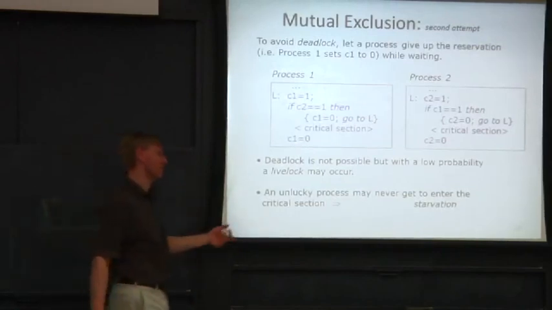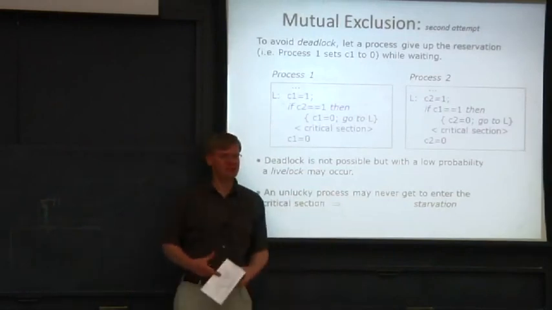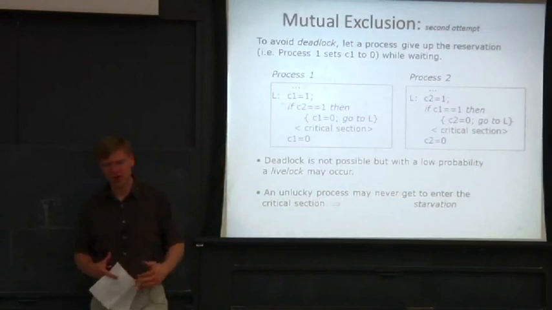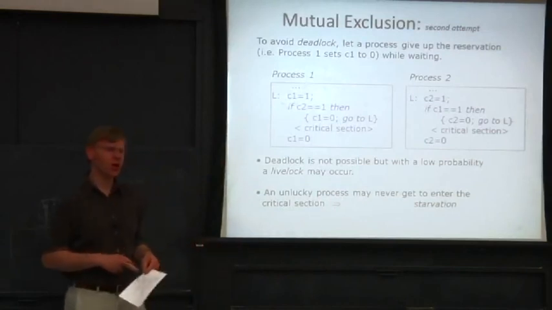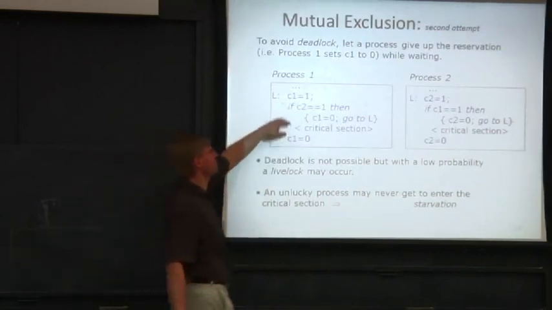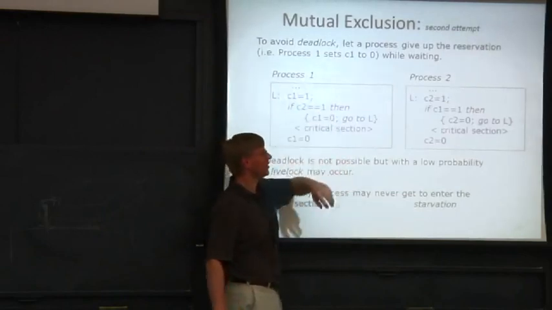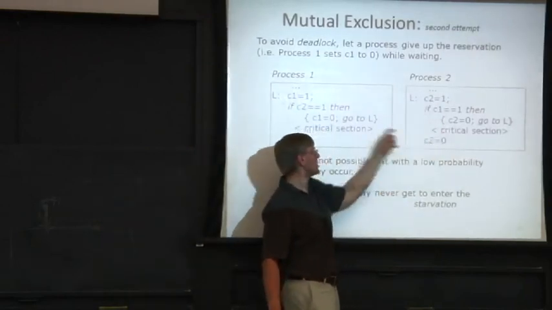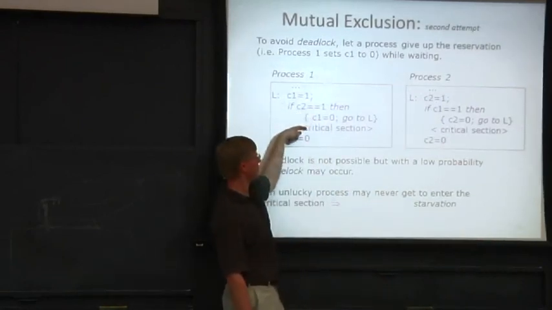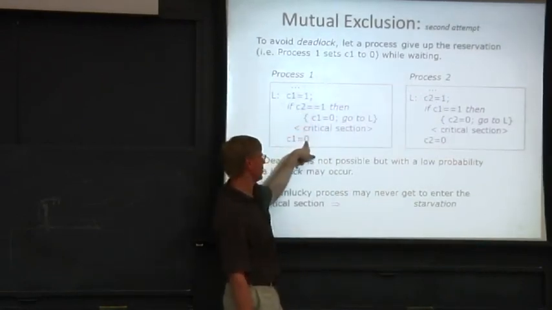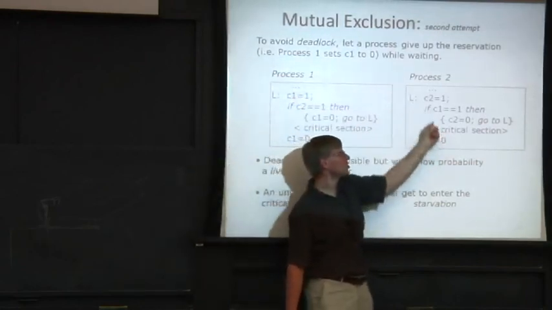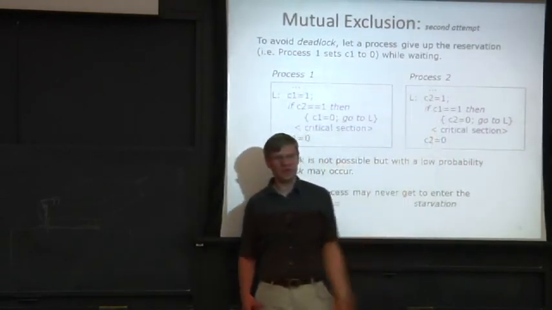Another bad thing here is we have no guarantees of fairness. So you could actually have a case where one process grabs this lock, the other one sits here and loops, and the first is able to execute its critical section, clear C1, get back around, and set C1 before process 2 is actually able to go around this loop.